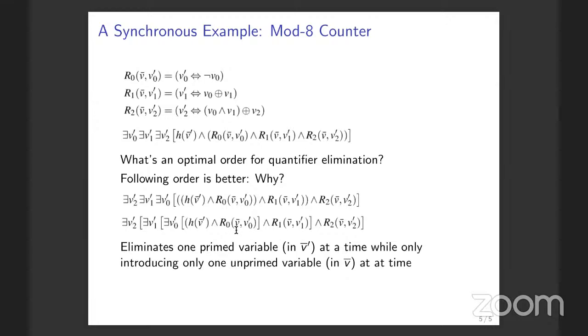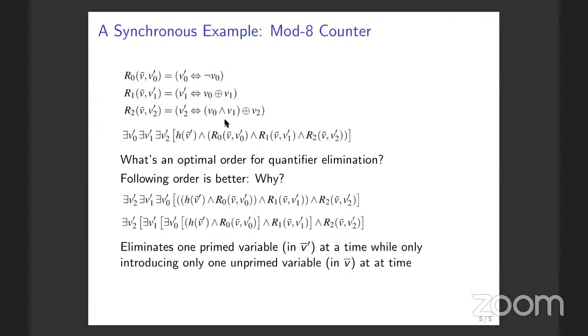But doing it in this particular order among the 3 possible orders will also give you another advantage. R0 is dependent only on V0, okay? And among the set of unprimed variables, R1 is dependent on a greater number of unprimed variables.